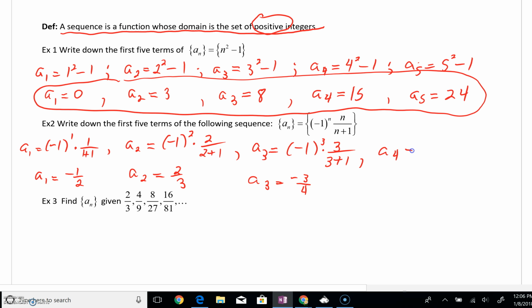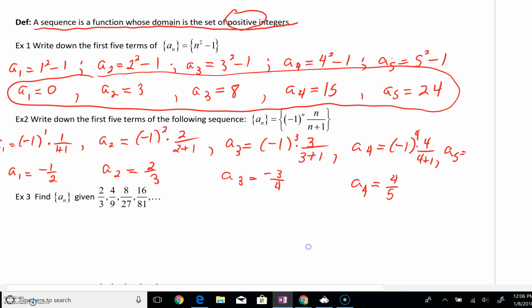A sub 4, well, we've got negative 1 to the 4th times 4 over 4 plus 1. Any even power that we're raising negative 1 to really becomes a positive, and we're left simply with 4 over 5. Last one, a sub 5, we'd get negative 1 to the 5th times 5 all over 5 plus 1. What are we really seeing?